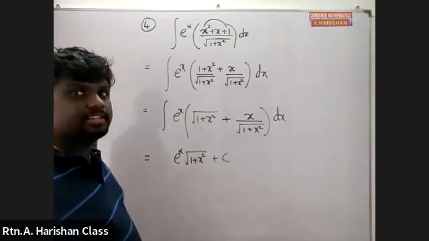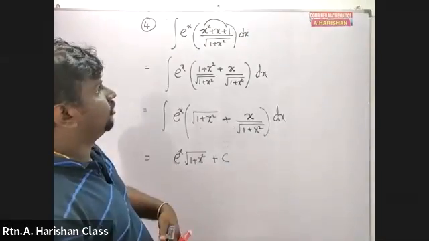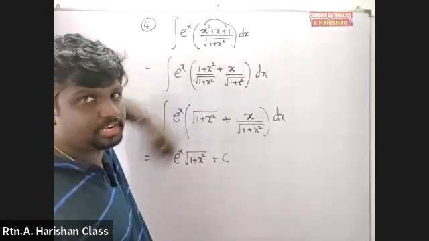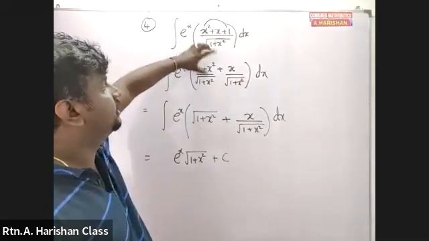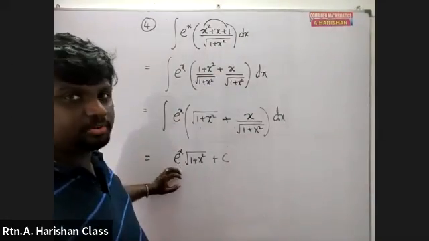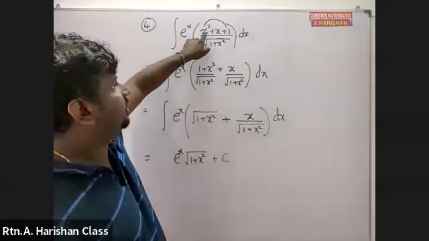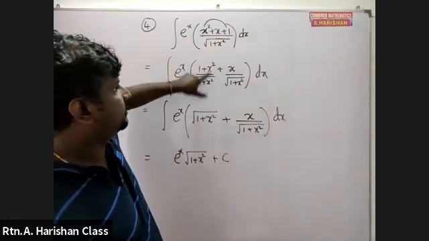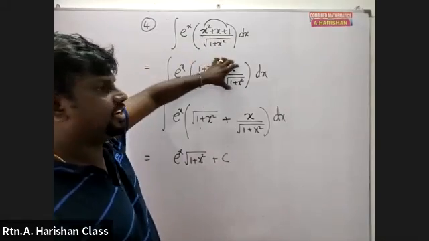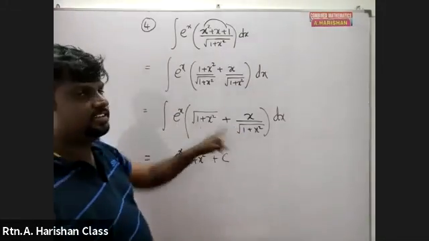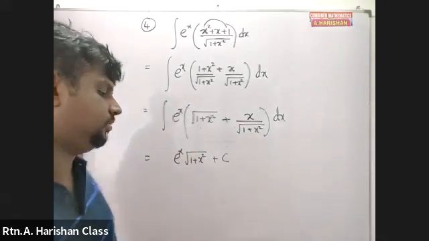So again, I'll explain what happened. Somehow we have to make the f of x plus f prime x form. This is a special form. We are learning under the special form. So you can write e to the power x into f of x as an answer. So what I did, I took x squared plus 1 and plus x and individually divided. So it will be like this. This is the differentiation of this.